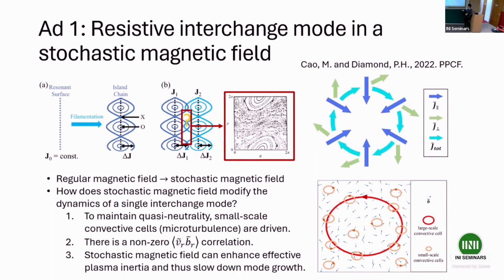The response is that small-scale convective cells are driven, which provide another current density fluctuation, J2 perpendicular, which balances J1 parallel, so that the total current density fluctuation is divergence free. We can prove there is a non-zero correlation between this microturbulence and the stochastic magnetic field. And the stochastic magnetic field can enhance the effective plasma inertia and thus slow down the mode growth.